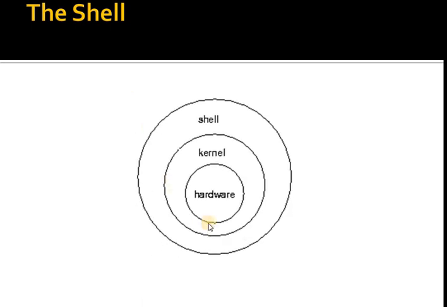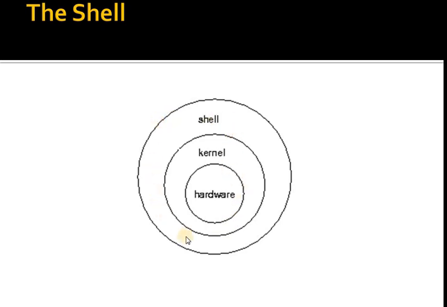So you can see in the diagram, the inner circle is the basic hardware of the computer, which is surrounded by the kernel, and the kernel is again surrounded by the shell. So we can think of this shell as the hard covering of a coconut, and the inside part, which is the soft white part of the coconut which is edible, is inside the shell.